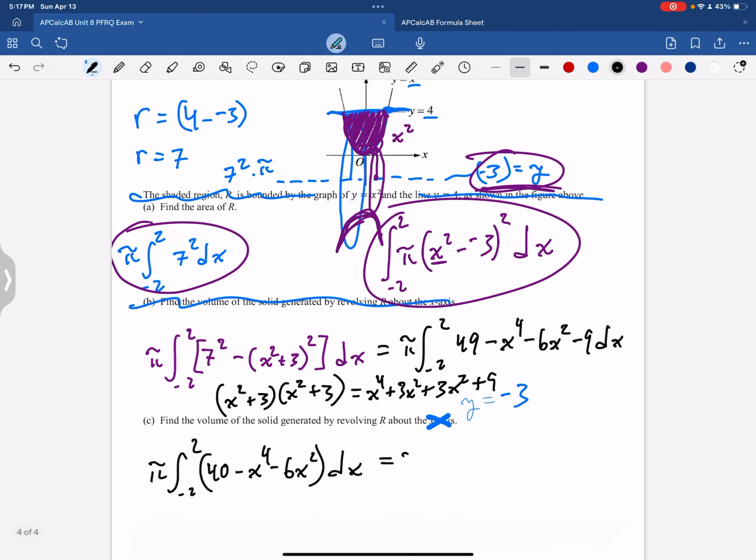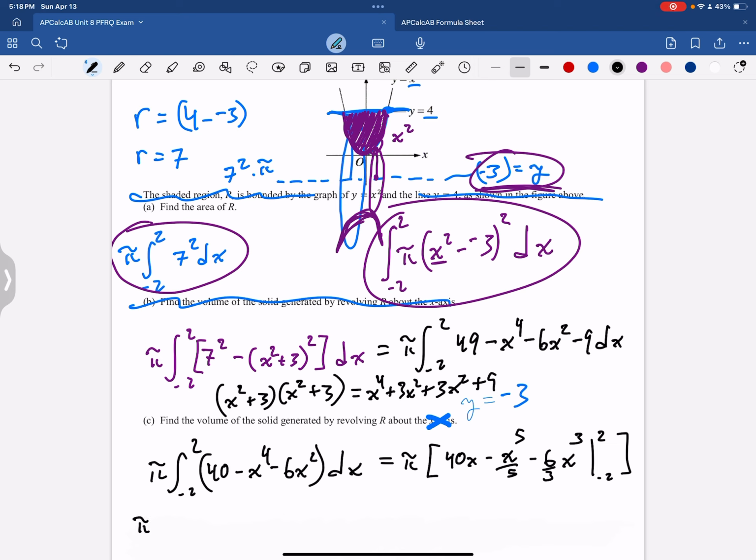Let's anti-derive this. So we have pi, and the antiderivative is 40x minus x to the fifth divided by 5 minus 6 divided by 3 times x to the third. Then we're going to have to plug in 2 and negative 2. Oh man, this is not getting better, it's getting uglier.